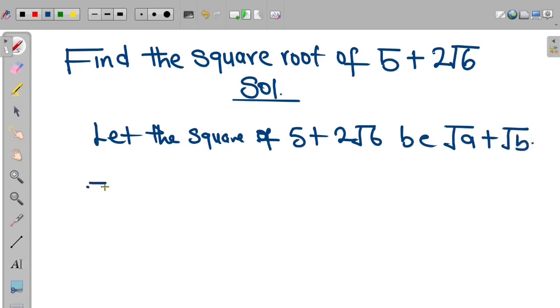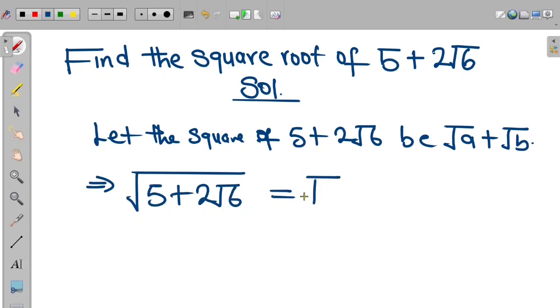So we have that the square root of 5 plus 2 root 6 is equal to root A plus root B. The first step is to square both sides.